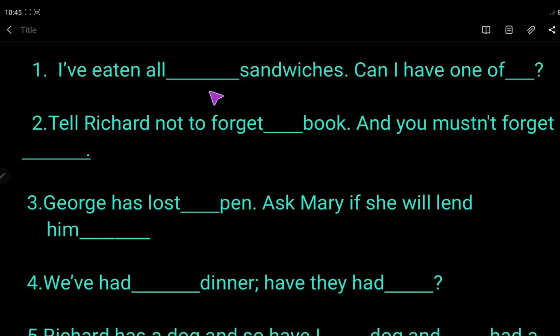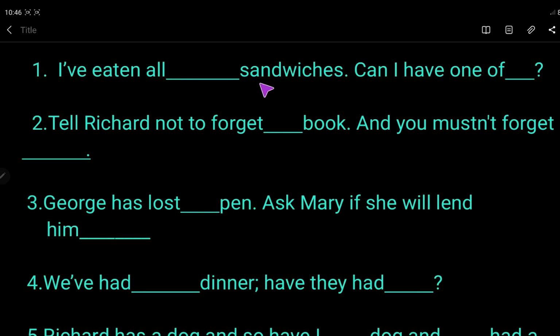So, if you find that there is one noun after the blank, then you will use possessive adjective, and if you find there is no noun after the blank and there is nothing after the blank, you will use possessive pronoun blindly, then it will be correct. See here, I have eaten all the sandwiches.